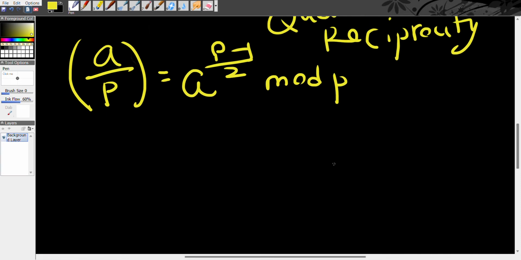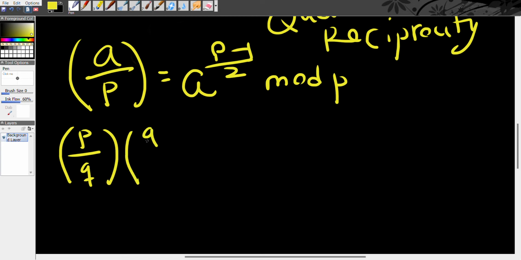And then quadratic reciprocity tells you that you can solve your Legendre symbol by flipping primes. P and q are distinct primes here.